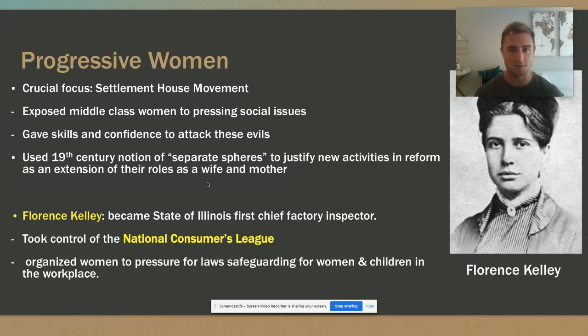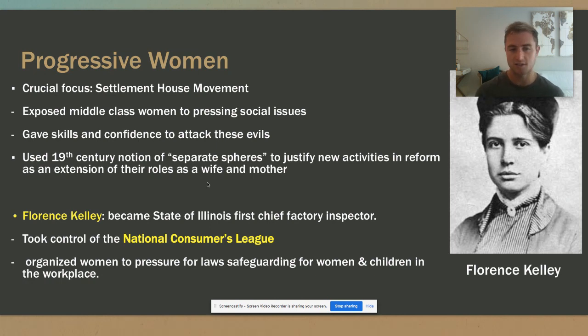We talked about Jane Addams before with Hull House. What these settlement houses are doing, because they're run largely by women, is that many middle-class women are getting a chance to come in and engage in politics. We remember that they started to use the concept of the cult of domesticity and the separate spheres idea, that women are supposed to be the moral leaders of society and in charge of motherhood and taking care of the children.